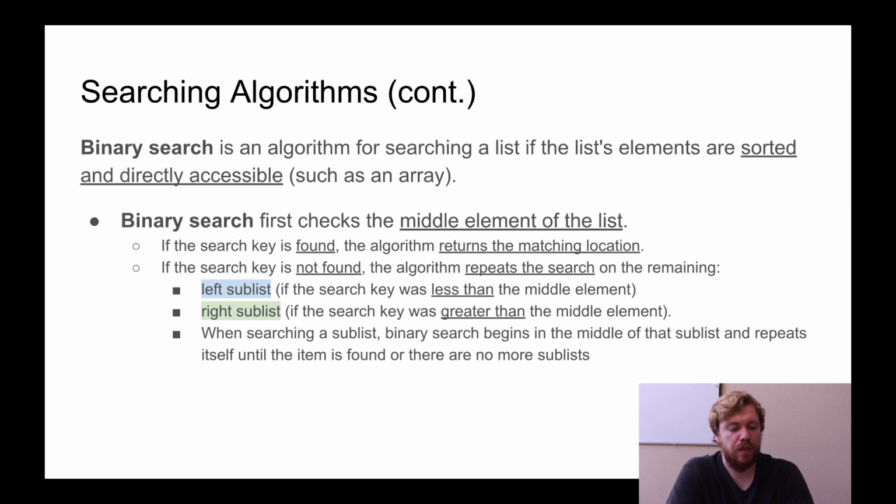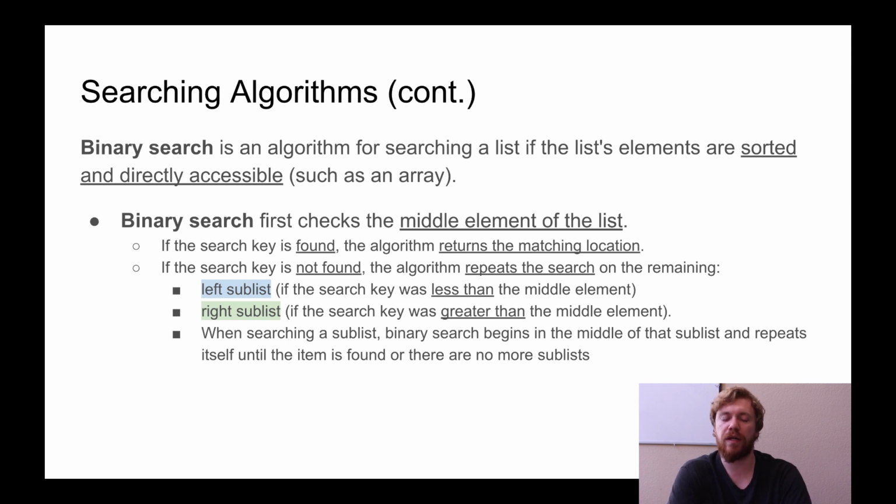So binary search first checks the middle element of the list. And if that particular middle element happens to be the search key that you're looking for, or the element that you're looking for, then the algorithm will return the matching location. Now, what is a matching location? That's just the index, right?